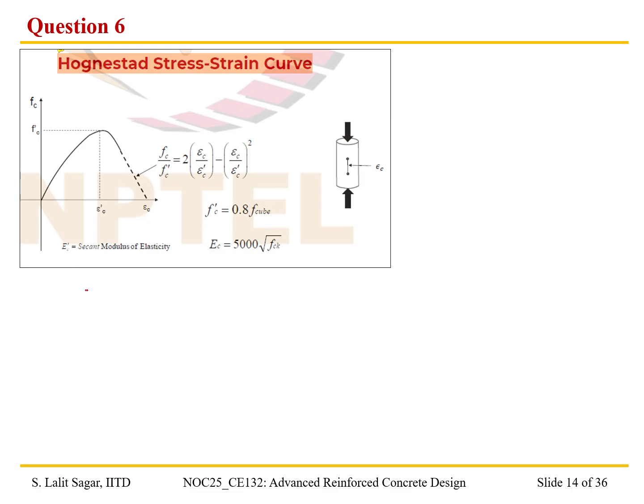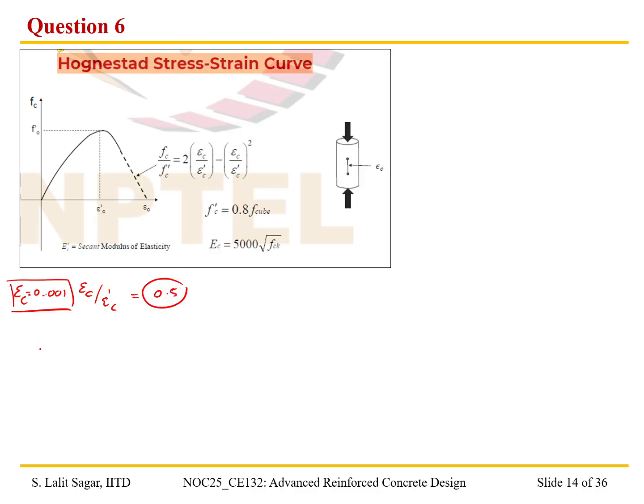So now let us try to simplify the problem first. That is epsilon C by epsilon prime C. For epsilon C equal to 0.001, it is equal to 0.5.